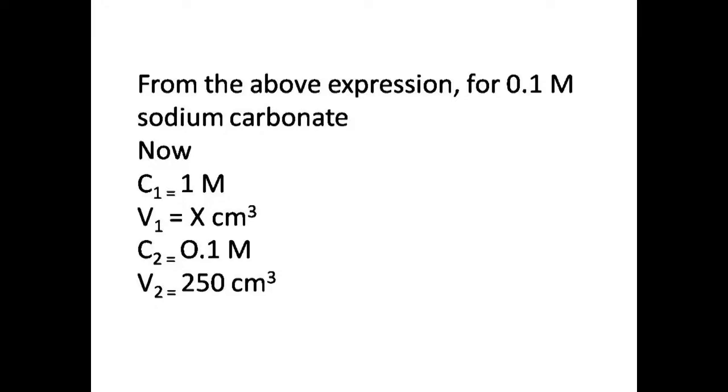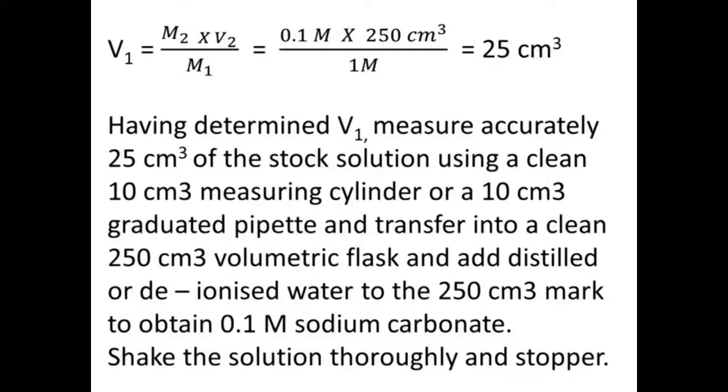Our C2 is 0.1 molar, because that is the concentration we are looking for. So substituting and making V1 the subject of the formula, you will have M2 times V2 all over M1. When you substitute these data, you will get 25 cm³.